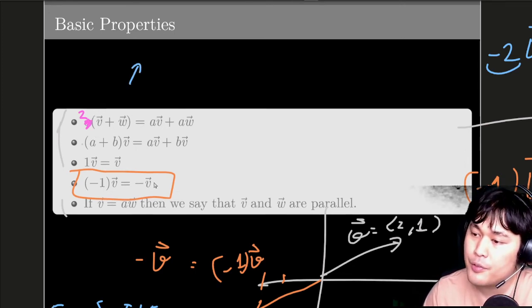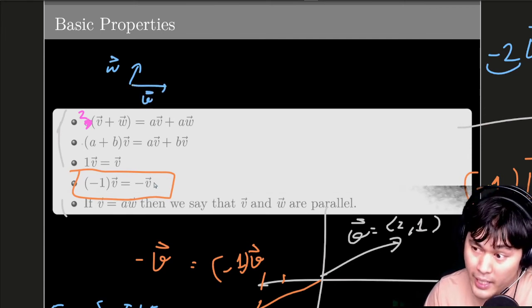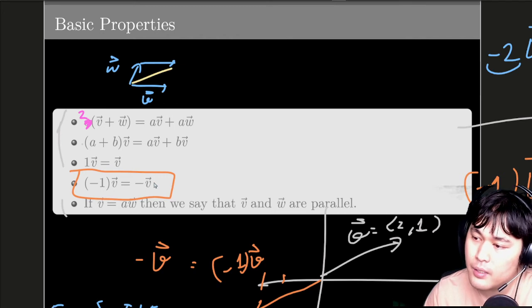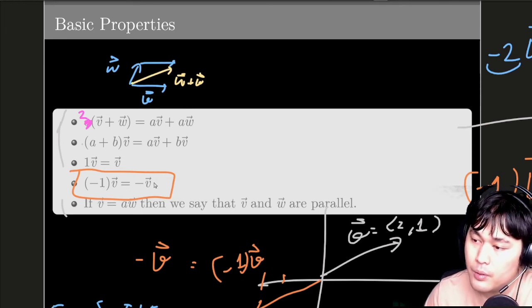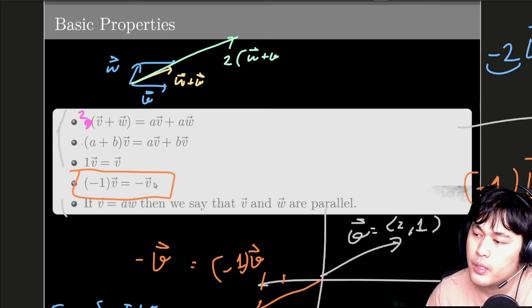Let's say you have u here, you have v there. If you add them up, you get u plus v. If you then multiply the result by 2, that means you scale this up by 2. So that's 2 times (u plus v).